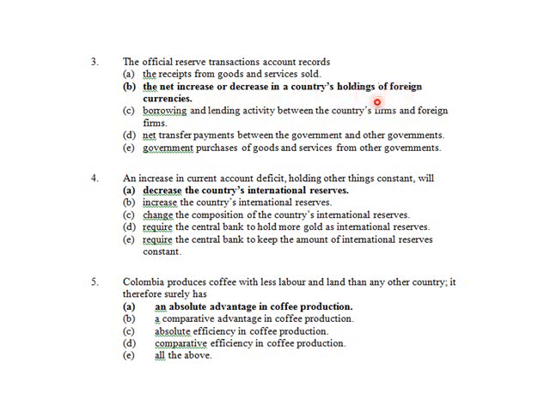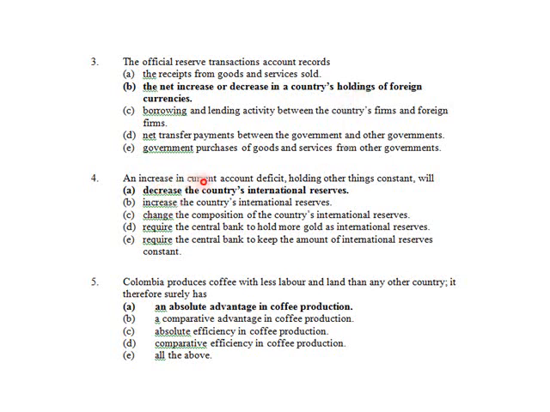So the official reserve transaction account records the reserve movements, whether there are more reserves from a surplus or whether they need to be used to finance any deficit. So that is under the official reserve transaction account. It's like a balancing account, meant to finance shortfalls and to increase with any surplus. So B is the correct answer.